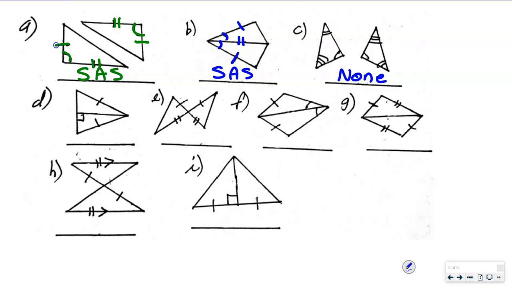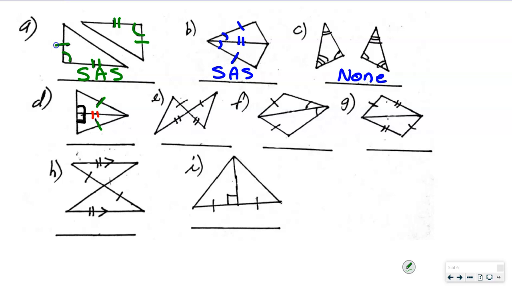Letter D, we have a right angle. That's actually a right angle there, making that little square. So we know we're dealing with two right triangles that share this side, which is one of their legs, because since it's a right triangle, we're trying to see if HL works.